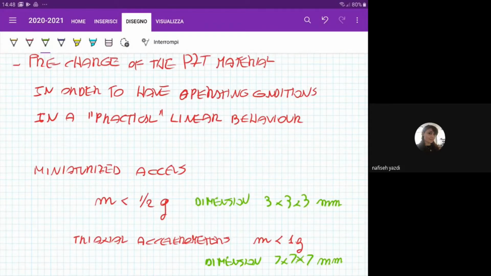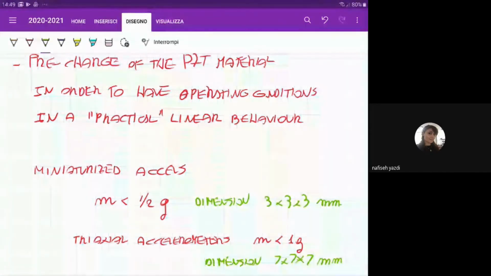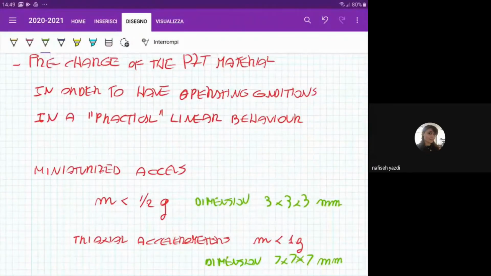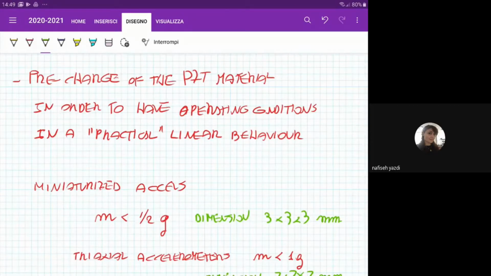The other point is that if you go back to the basic working principle, such an accelerometer will create an electrical charge, okay? And therefore you need something to measure this charge and therefore transduce this charge into an output tension, differential potential.